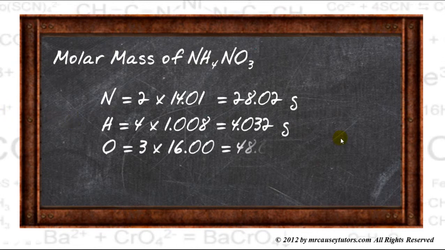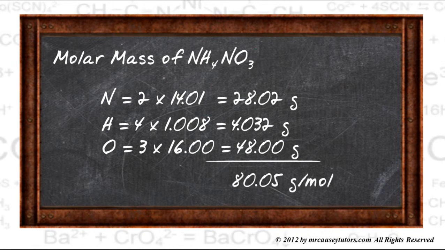So we just do our mathematics. And oxygen, of course, is going to be 3 of those. There it is right there, 3 oxygen times 16.00 equals 48.00 grams. Now remember, I get all these numbers off of the periodic table. That's why we need to have it handy. So there's our grams per mole, or our molar mass.